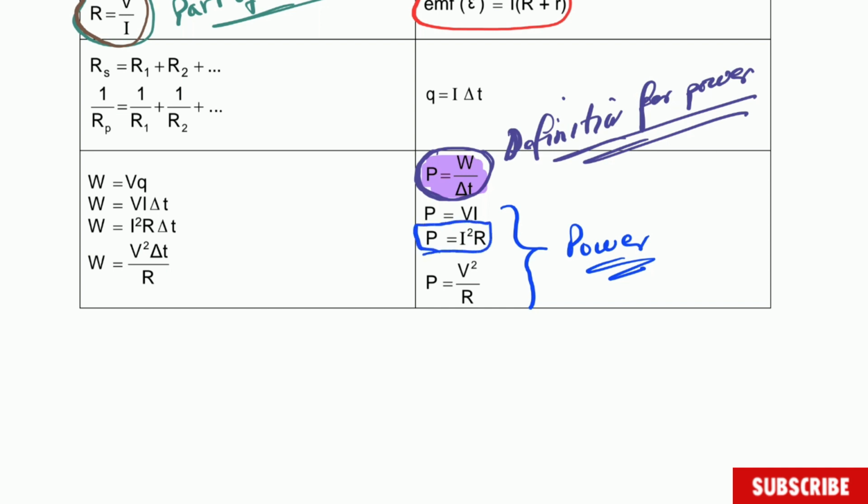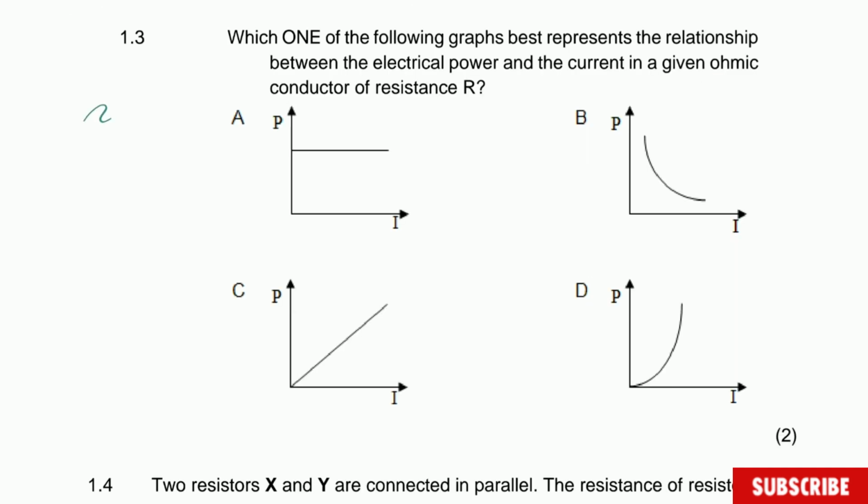What formula is going to help us? Power is equal to current to the power 2 multiplied by resistance. You can see that the power is directly proportional to the square of the current.